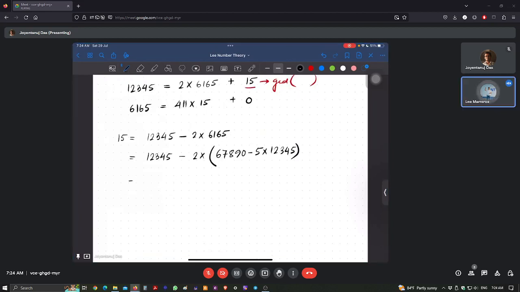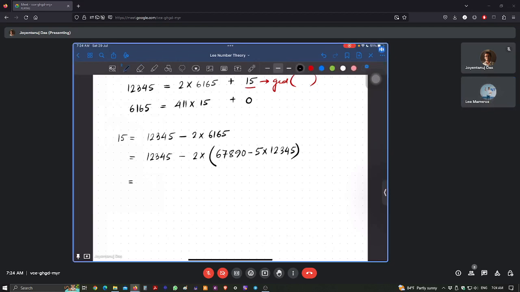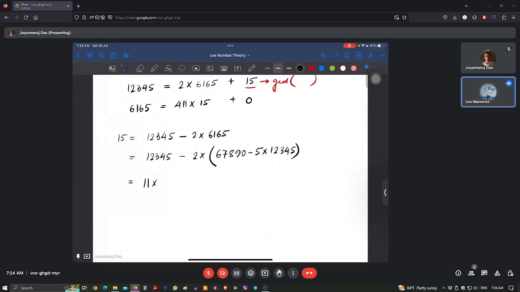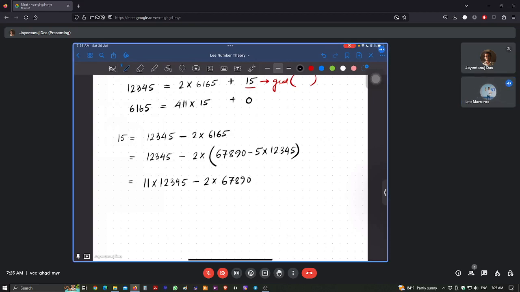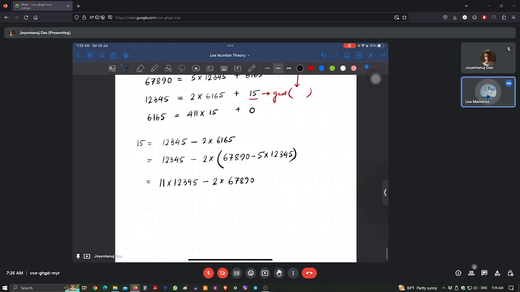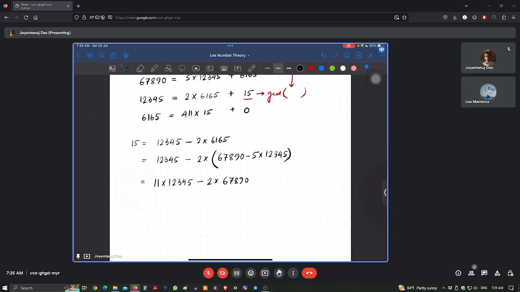That would be 2 times 5, 10 and 11, minus 2 times the other number. So one solution x comma y is 11 and minus 2.